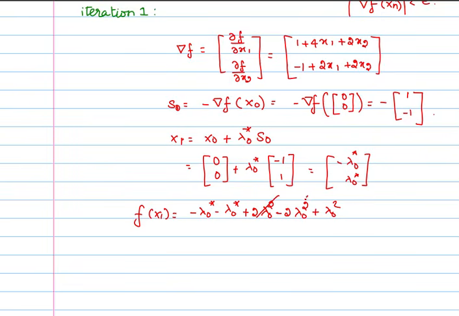So two terms cancel out, and it becomes lambda naught star square minus 2 times lambda naught star.